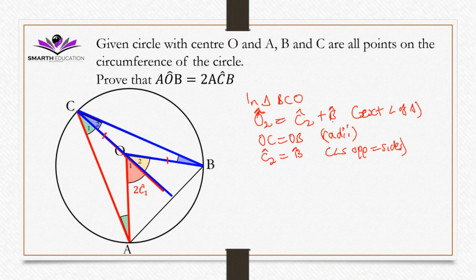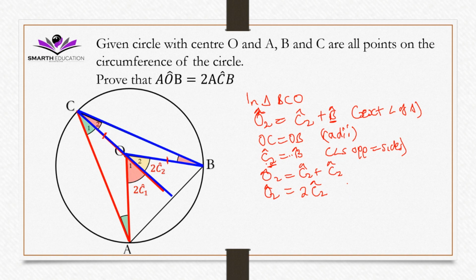So now we can replace this angle B with C2, so angle O2 is equal to angle C2 plus angle C2, and then O2 is equal to 2 times angle C2. So we can write that there.